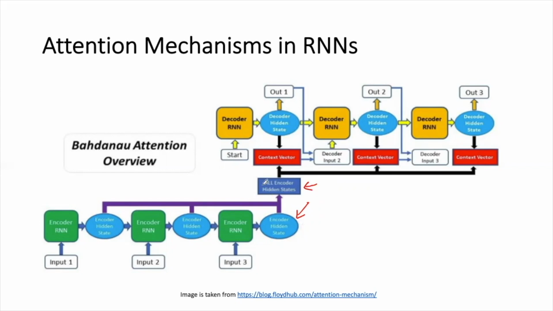The decoder uses these encoder hidden states to generate a context vector at each timestamp. This context vector basically captures the importance that needs to be given to the input word. For example, when we are generating the first context vector, it should give more importance to the corresponding word.